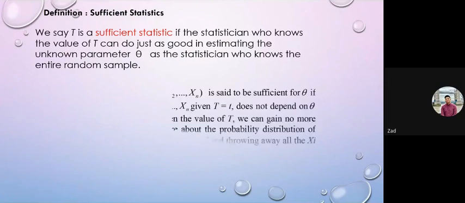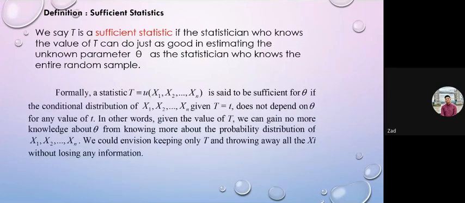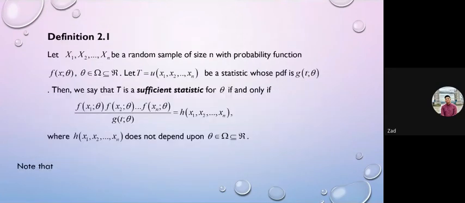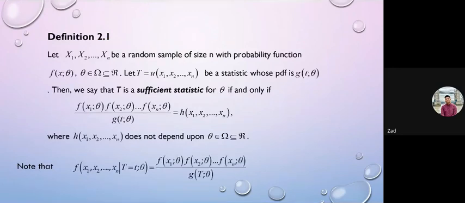It's a sufficient statistic where we can compute the conditional probability distribution. That means you have your f(x1, x2, ..., xn) given T, where T is your sufficient statistic.